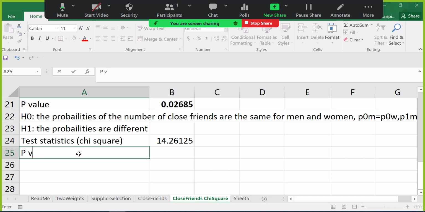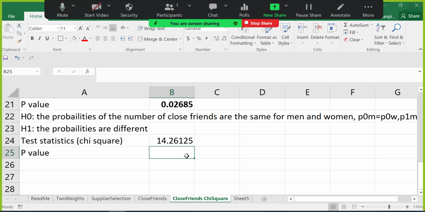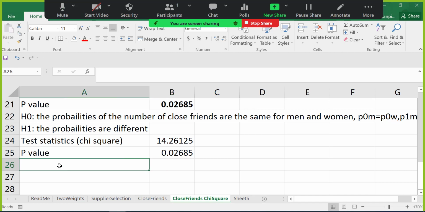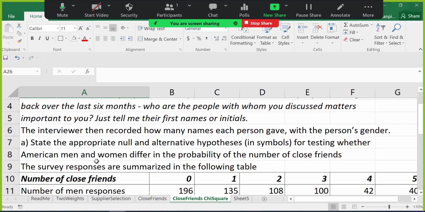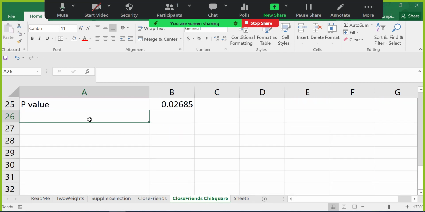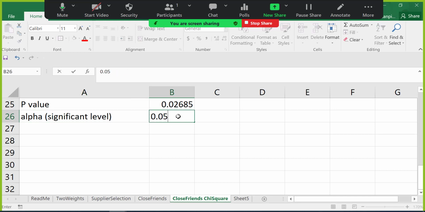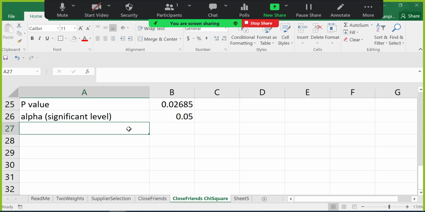This just follows our same procedure, in sequence: hypothesis, test statistic and p-value. And then the significance level, if not indicated here, we just assume the significance level alpha is 0.05 by default.